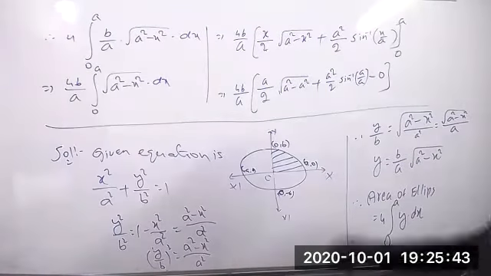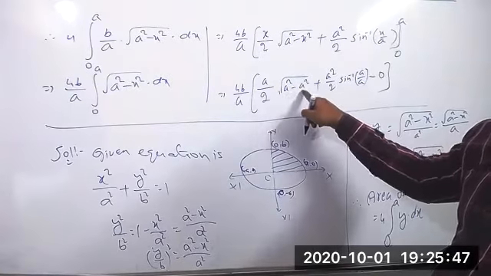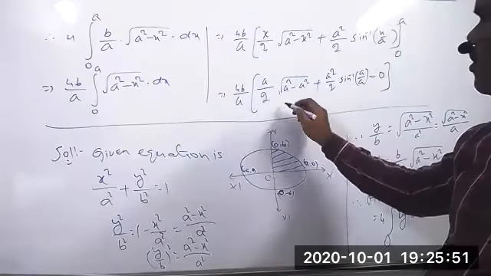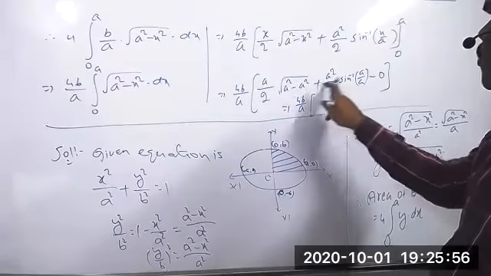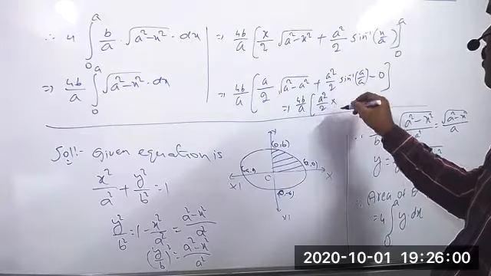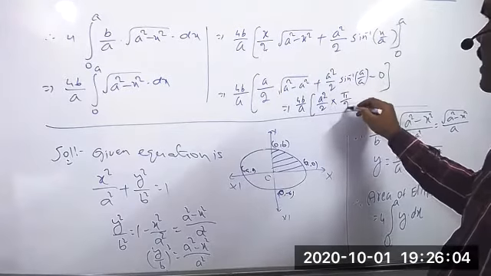Now this entire term becomes 0, because a square minus a square equals 0, root 0 equals 0, and 0 times anything equals 0. So 4b by a into only this term remains: a square by 2 into sin inverse of a by a, which is 1. Sin inverse of 1 equals pi by 2.